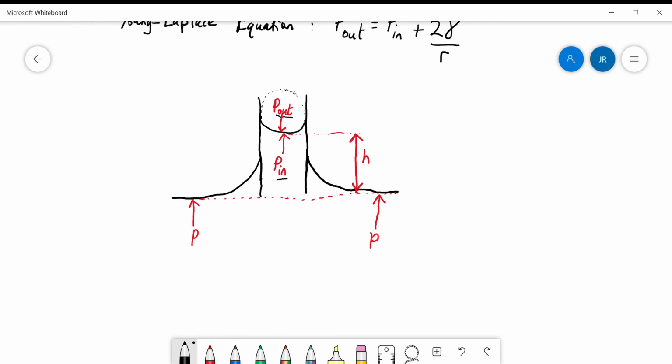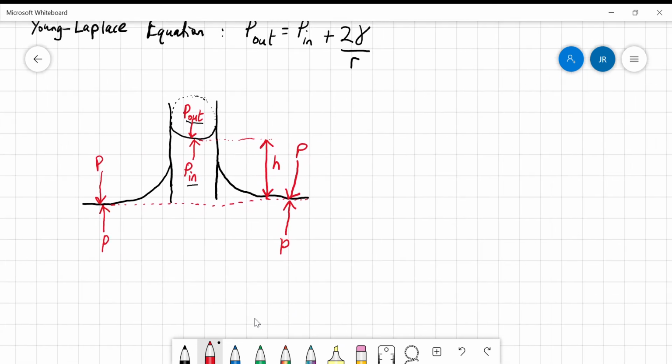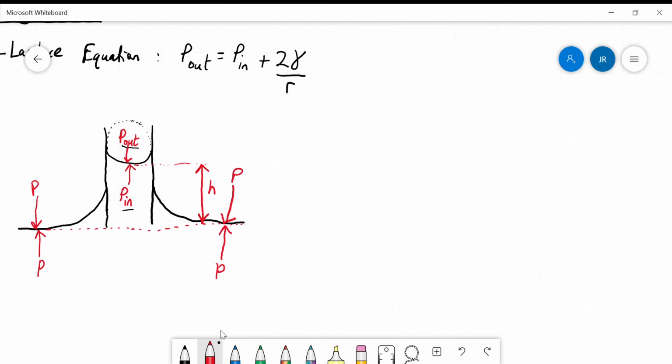Okay, so if we're oriented, we have a framework, we know what P out and P in is. I could probably add a few more labels of pressure here. I'll try not to do too much, keep it tidy. Okay, so that's our basic setup. Let's start writing some things about it.